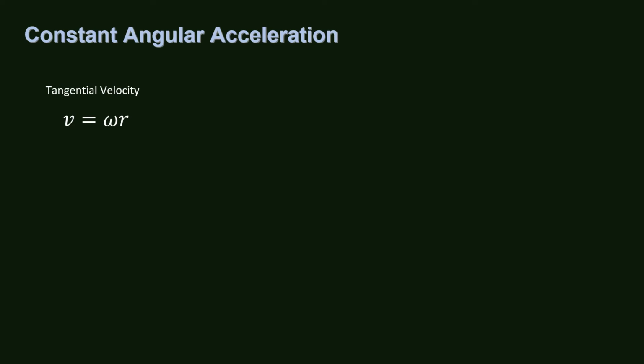Now let's look at acceleration. Angular acceleration. We know that tangential velocity v is equal to omega r. If we take that equation up here and divide both sides by t, we get this equation right here.